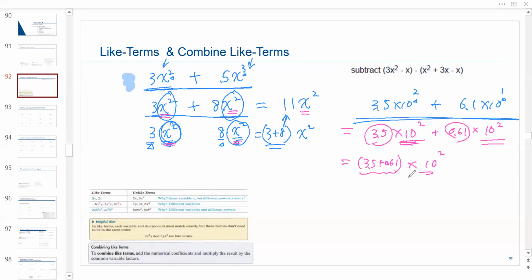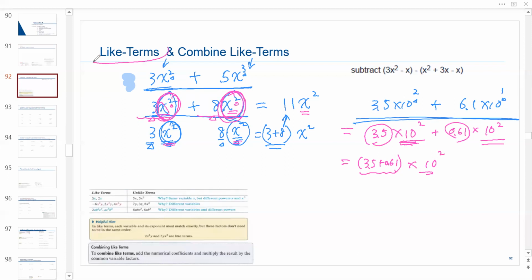The coefficients can be the same or different, but the rest is exactly the same. The variables are the same, and their exponents are the same. So the degree is the same. So we consider them like terms.